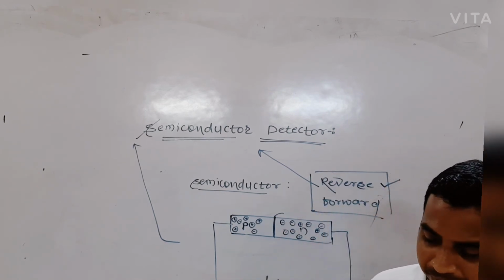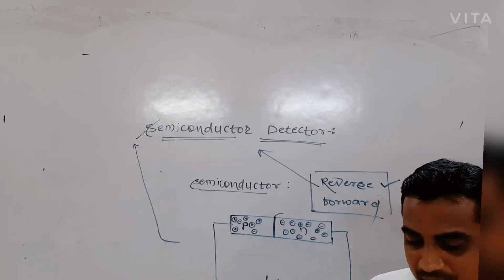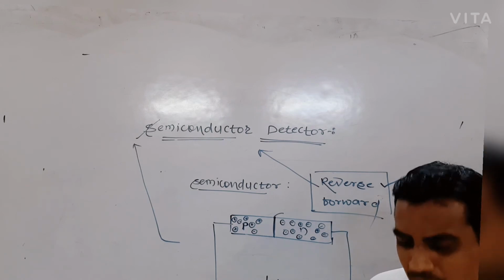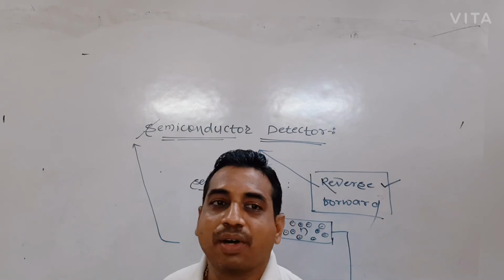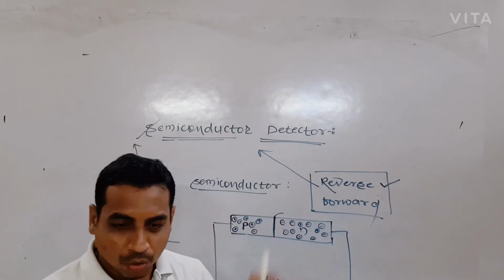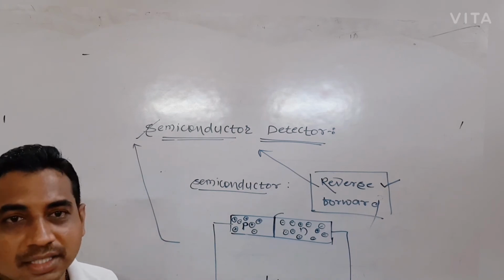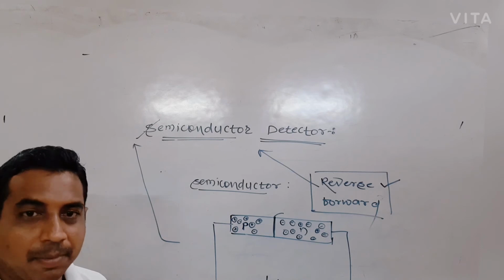But Aurangabad is not a junction. Our Jalna city is not a junction. So what is a junction? A junction means two different paths meeting at one point. For example, Parbhani.